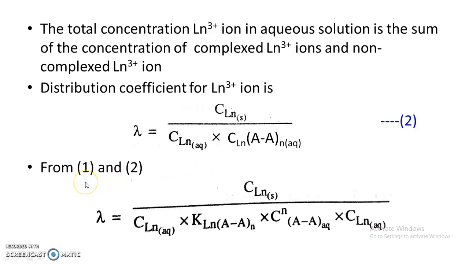And from equations 1 and 2 we can write lambda is equal to the concentration of lanthanide ion in solid upon the concentration of lanthanide ion in aqueous. We are just substituting the value of the concentration of Ln An, and this is the value of the concentration of Ln An: K Ln An into the concentration of A aqueous raised to n, into the concentration of lanthanide in aqueous solution.